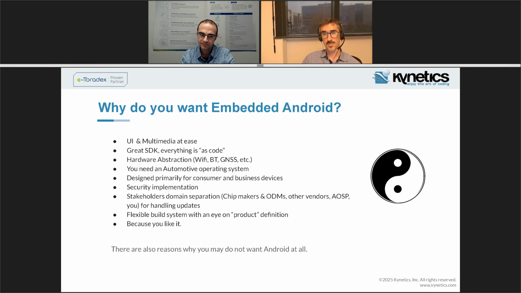Another important aspect, especially for embedded devices, is the security implementation. Android is literally the operating system for billions of devices. We just need to think of the number of Android smartphones that are available on the market. The security implementation in Android is really strong.